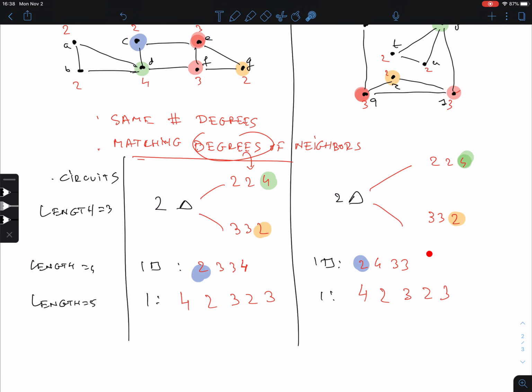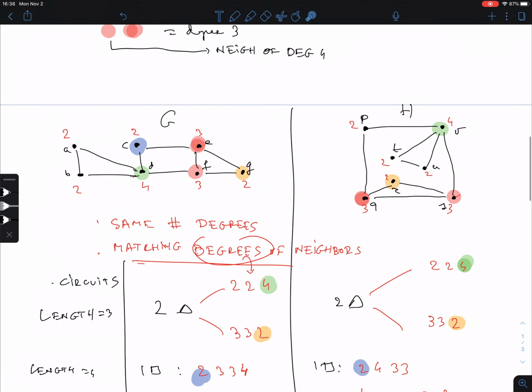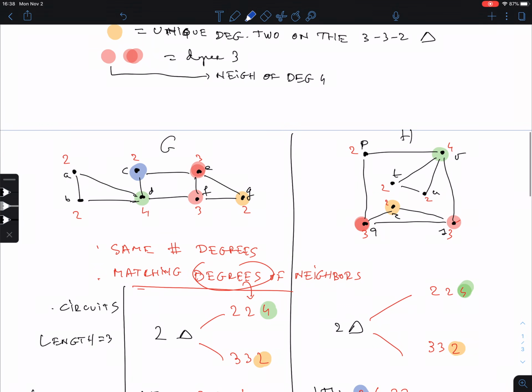Now, there are 2 3s, so we don't know that. There's 1 4, but we know already there's 1 4. Here, unfortunately, we cannot use that. But this again tells us the 2 degree 2s apart. I identified it on the left, but on the right, it is this one. And then finally, we have these 2 guys. As far as I can tell, I see no difference between them. Nobody can distinguish.